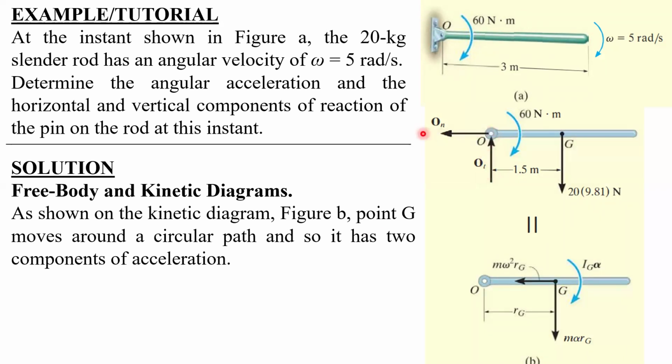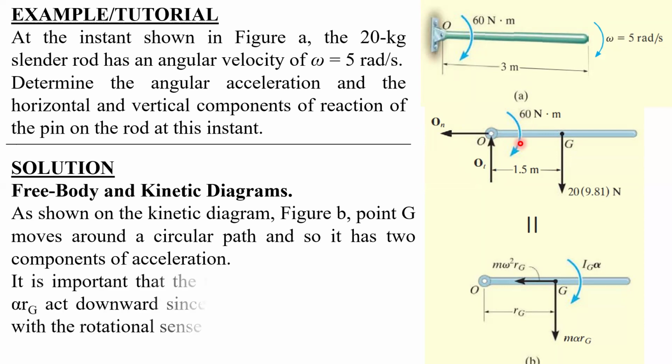Then we have the normal acceleration, which is directed towards the center of curvature, while this component is tangential to the curvature itself. So, as shown on the kinetic diagram, figure B, point G moves around a circular path, and so it has two components of acceleration.